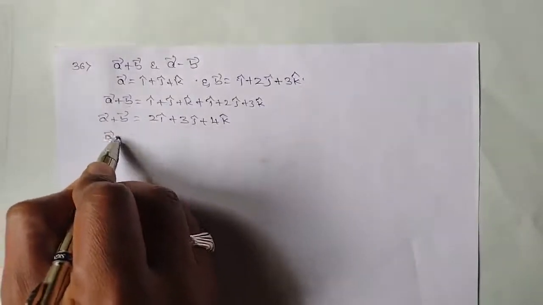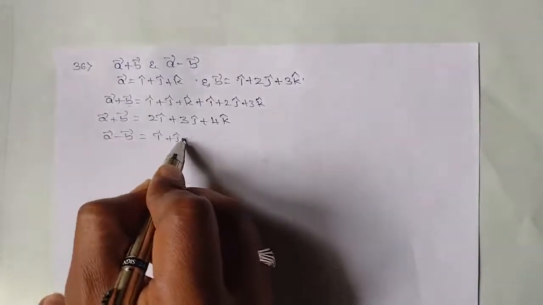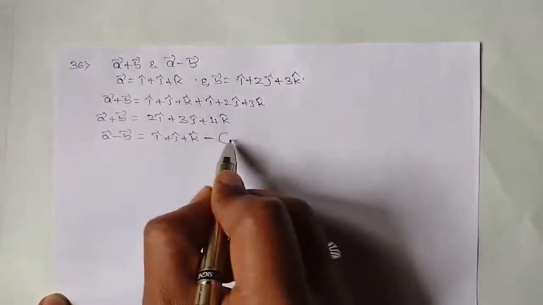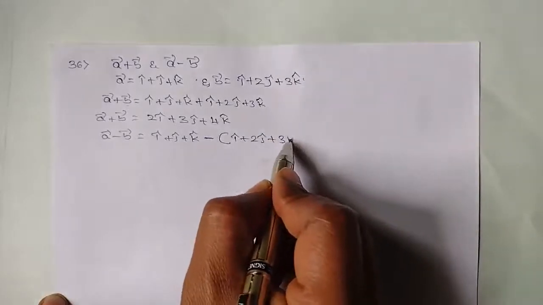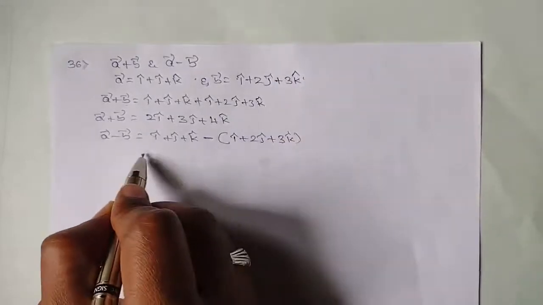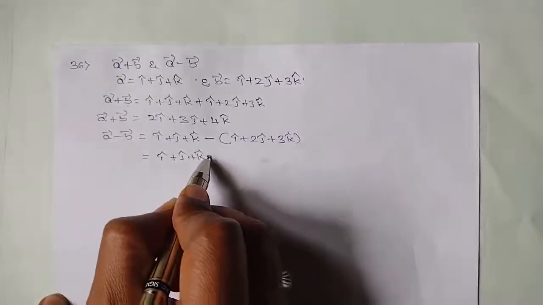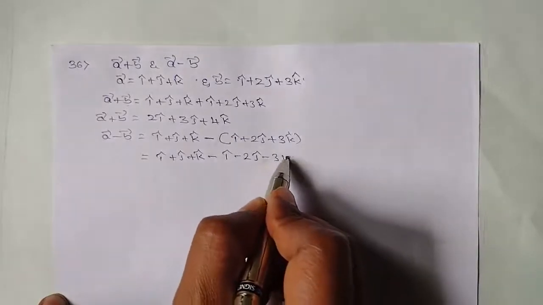Similarly, a vector minus b vector is equal to a vector, which is i cap plus j cap plus k cap, minus b vector, which is i cap plus 2j cap plus 3k cap. Taking the minus and multiplying: i cap plus j cap plus k cap minus i cap minus 2j cap minus 3k cap.